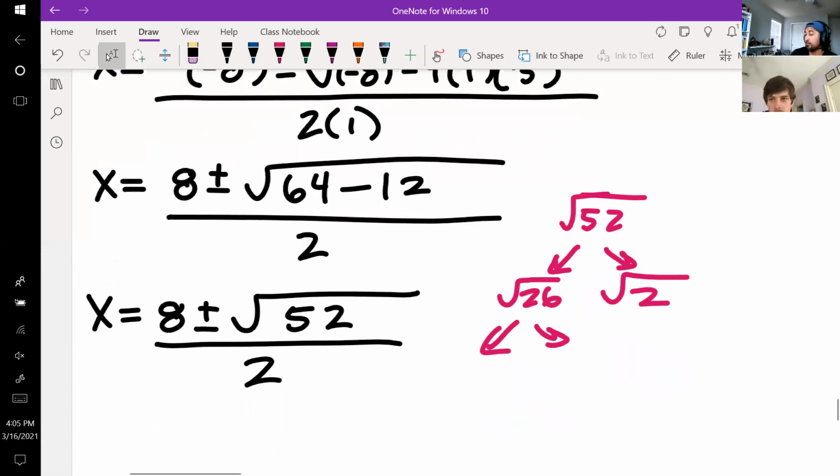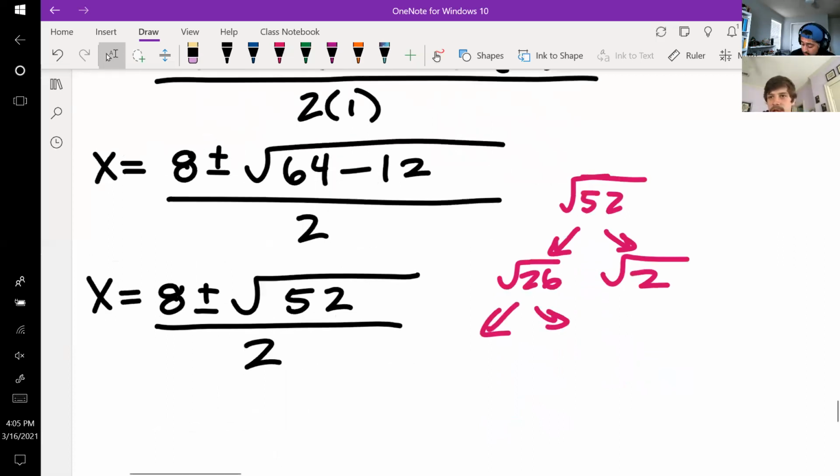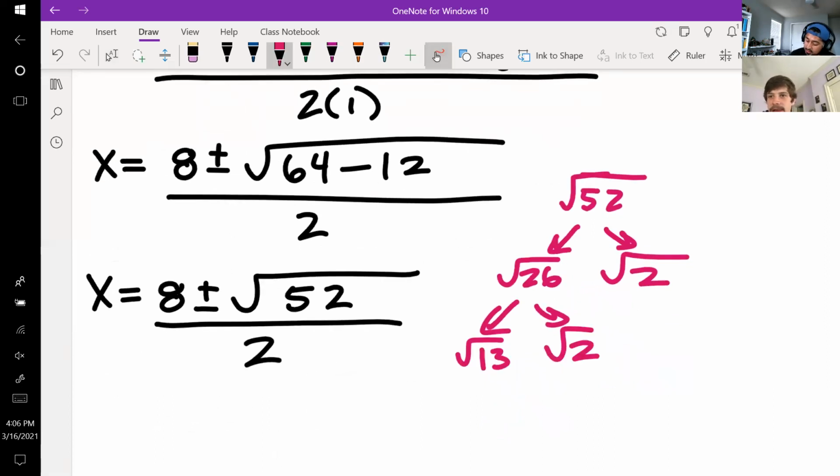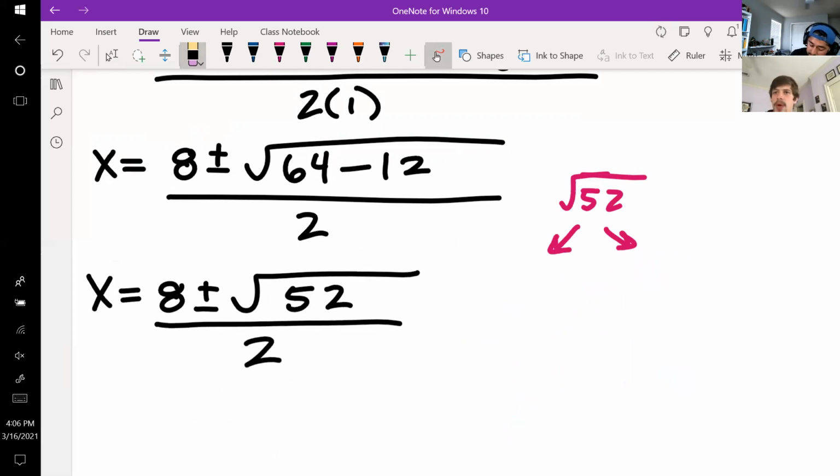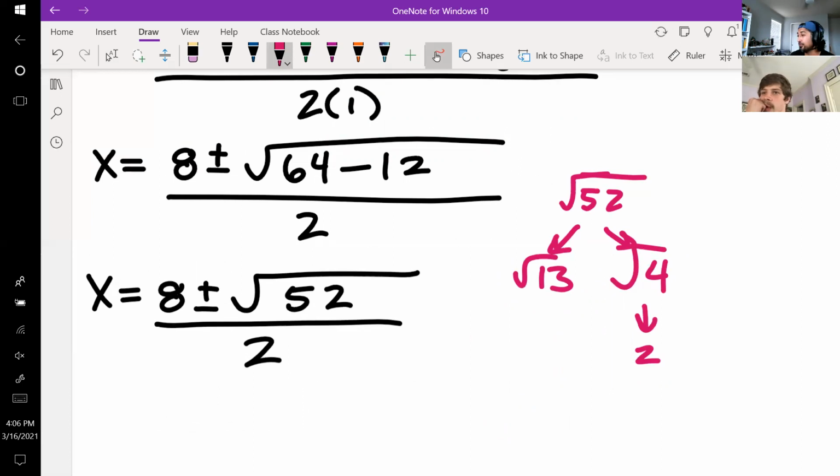Which means you could just do 13 and 4, and you get to the same place. Is that easier though? Exactly. Because remember when I said, think of the factors, think of the bigger ones. So if I erase this and you went 13 and 4, we'd be done because that becomes 2.